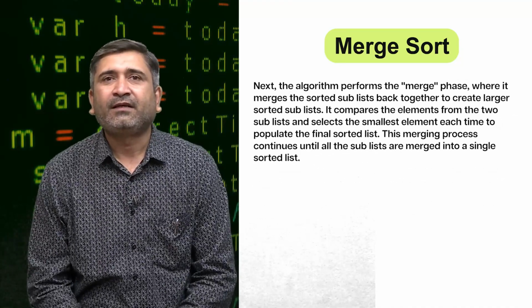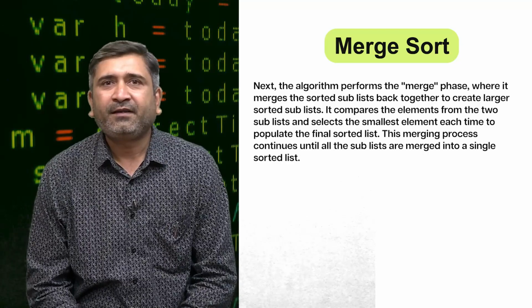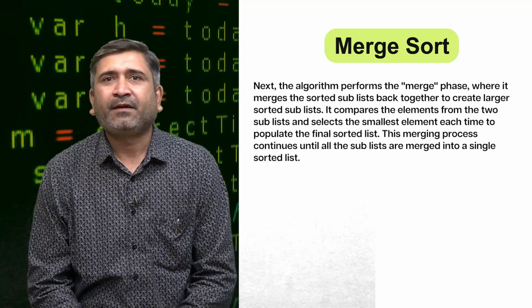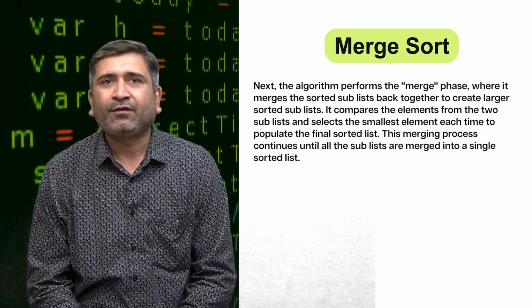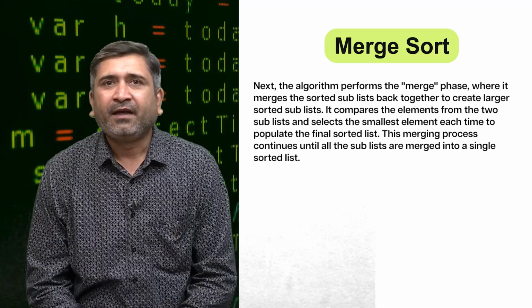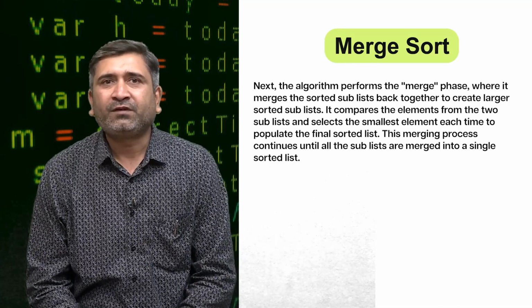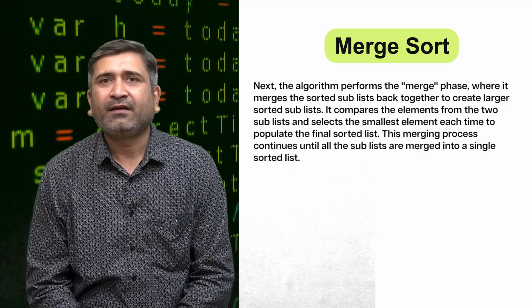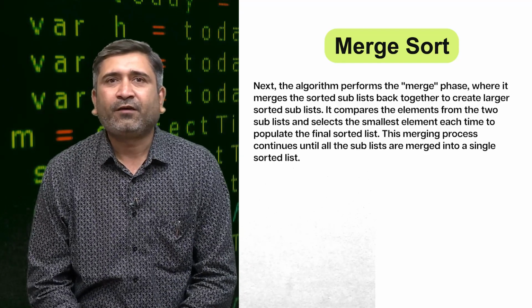Next, the algorithm performs the merge phase, where the sorted sublists are merged back together to create larger sorted sublists. It compares the elements from the 2 sublists and selects the smallest element each time and puts it in the final sorted list.